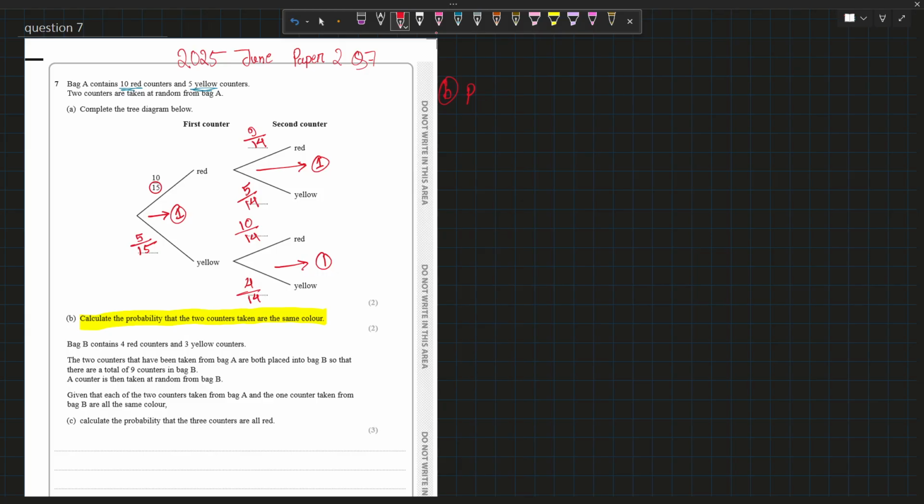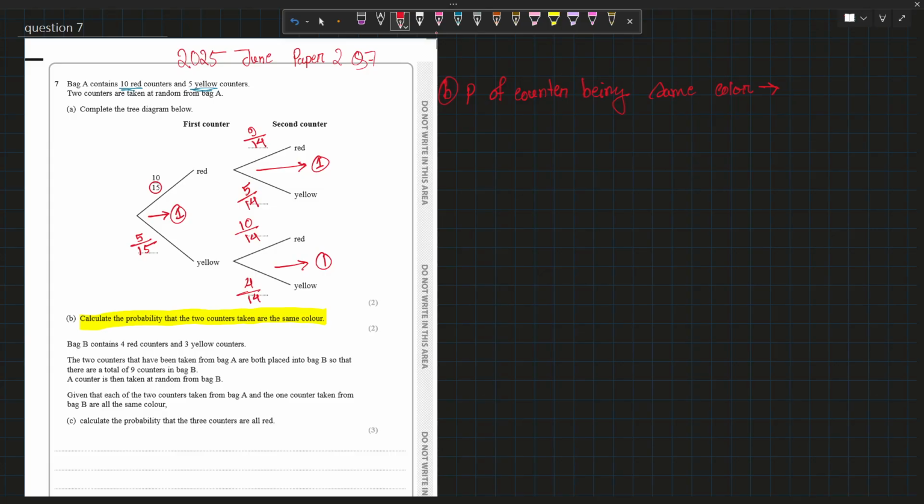So P stands for probability, P of counters being the same color. Now one thing to keep in mind is that it's always better, before solving the probability, to try to draw a map.